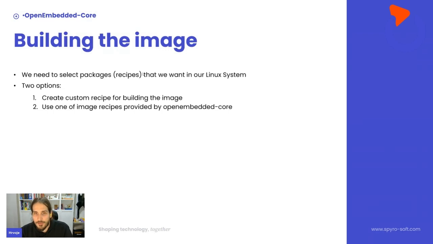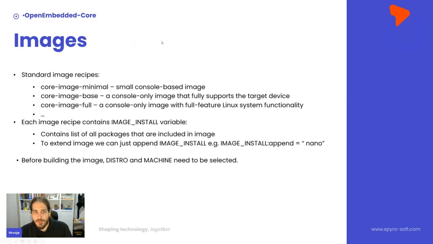It can be done, but then you'll have a lot of manual work, and it will lose the point of using Yocto. But the other thing you can do is just use one of the image recipes that is provided by OpenEmbedded Core. And here are some of the images. There are at least 10 of them or something, but here are the basic ones that are usually used and built upon.